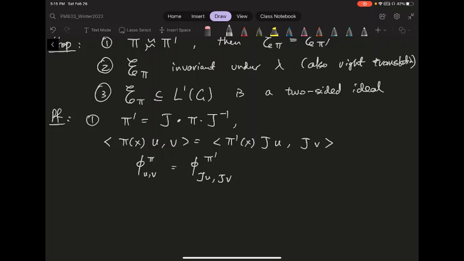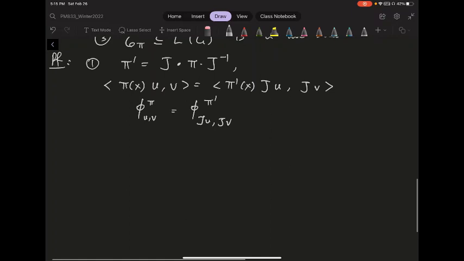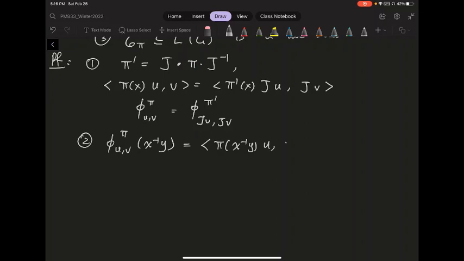And why is it invariant under this left or right translation? Let's just show the left translation. The right should be quite similar. So if I consider what happens if you left translate phi of u, v of x inverse y by x, what you do is you evaluate pi at x inverse y on this u, v vector, and pi being a unitary representation, this is just pi x star, and then you have pi y u, and then v.